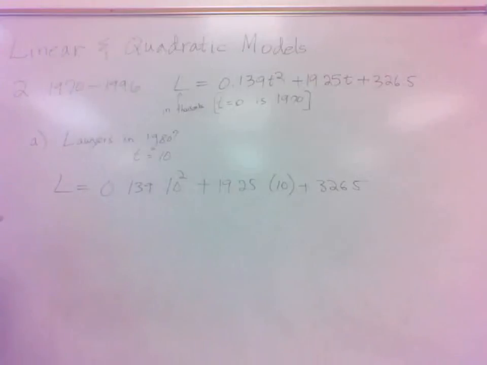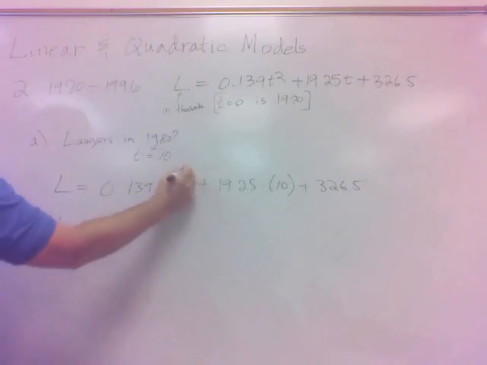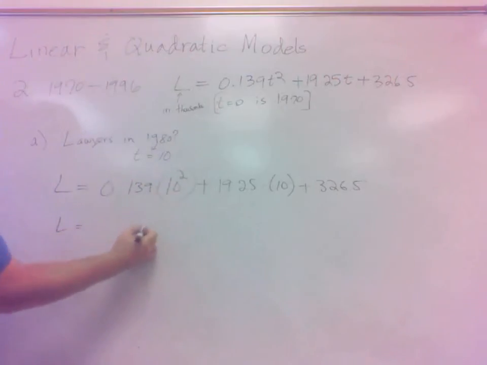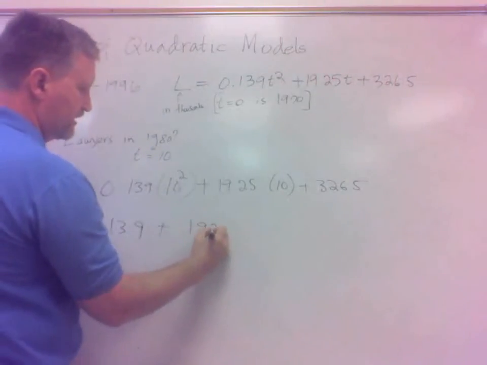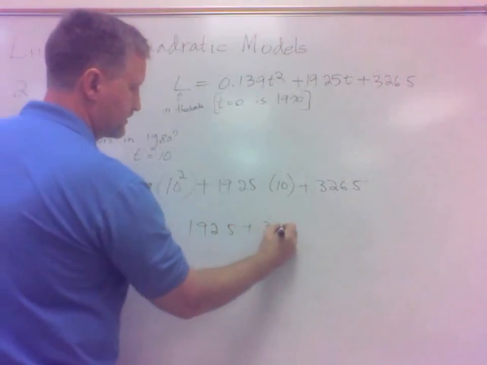So if I multiply and add all that out, what do I get? 0.139 times 100, since 10 squared is 100, so that'd be 13.9. 19.25 times 10 would be 192.5, and then 326.5.